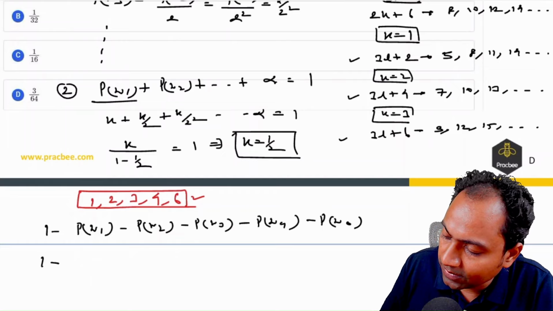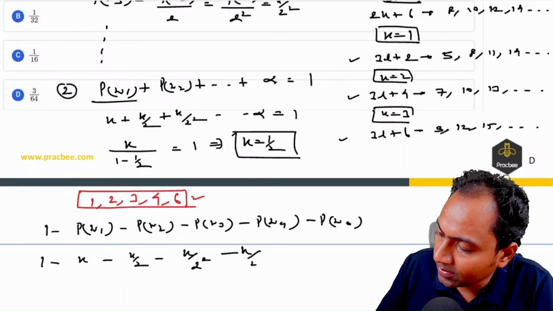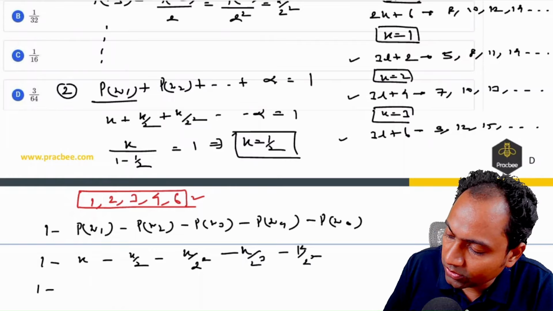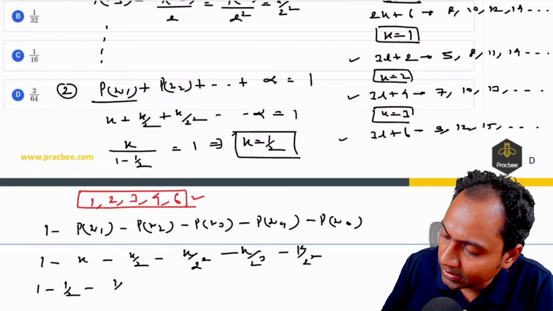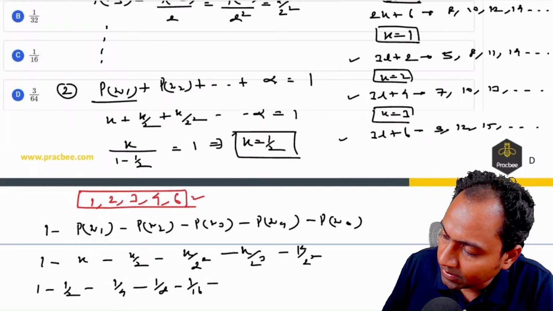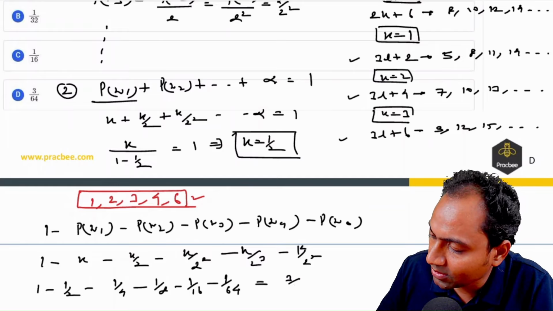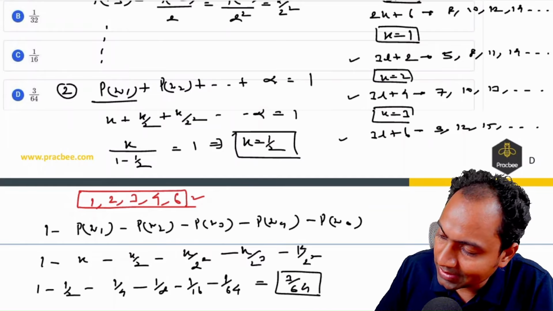Now this is K, this is K by 2, this is K by 2 square, this is K by 2 cube, and this is K by 2 raised to the power 5. If I write it down, this is 1 by 2, minus 1 by 4, minus 1 by 8, minus 1 by 16, minus 1 by 64. And if you simplify this, it comes out to be 3 by 64. And this is option D.